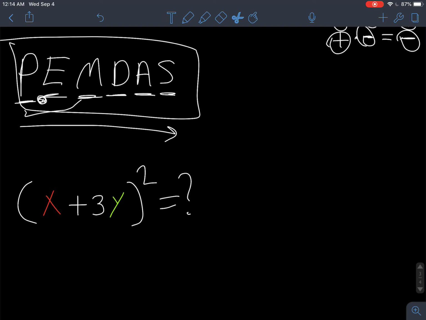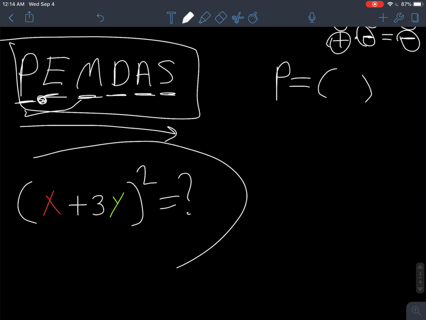P is parentheses. Do we have parentheses in our problem here? We sure do. We got parentheses right here. When you have parentheses, you have to do whatever's inside the parentheses first. Okay?